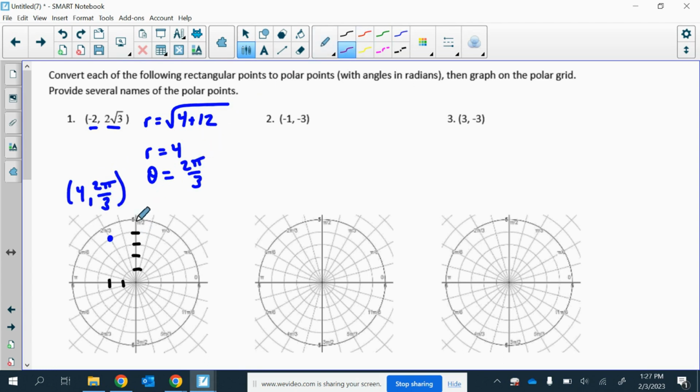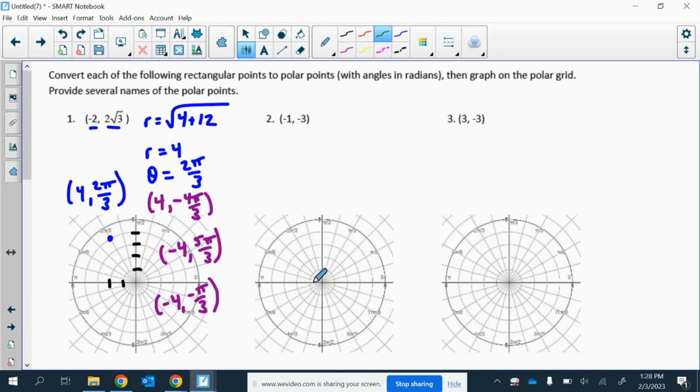I can write this point in several other ways. I can write it as 4, negative 4 pi thirds, or I could write it as negative 4, 5 pi thirds, or I could write it as negative 4, negative pi thirds. There's a lot of different ways that I could write it, because if I go negative pi thirds and then I go in the opposite direction, it would be over there. So there's a lot of different ways that I could write this point.